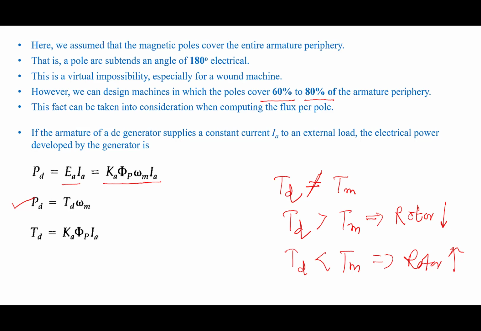Now I can write the developed torque Td equal to Ka phi p Ia.